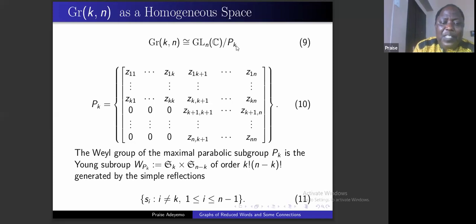So the question now is what will be the Weyl group of this, because the Weyl group of the general linear group is Sn. The Weyl group of the parabolic is what we call the Young subgroup, and it is generated by the transpositions in this order.